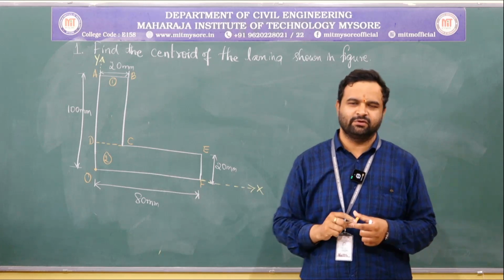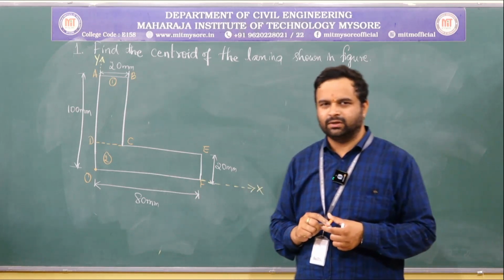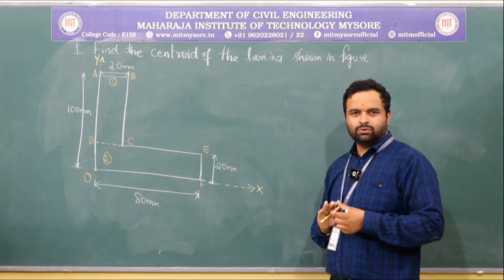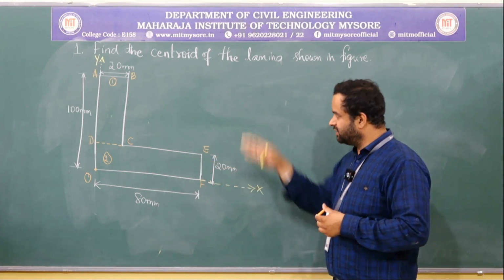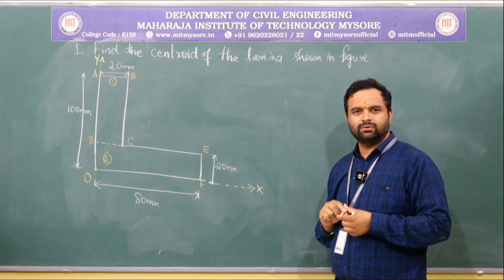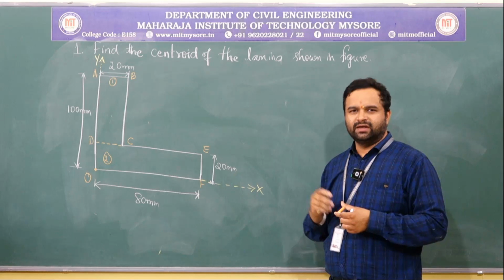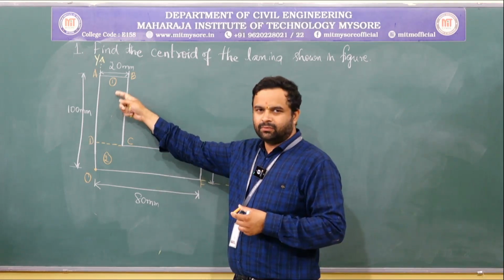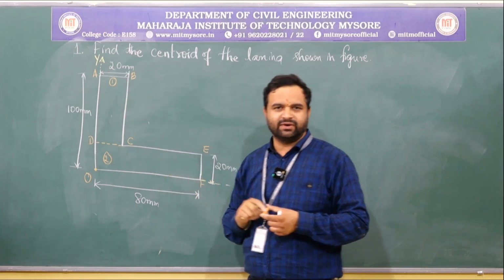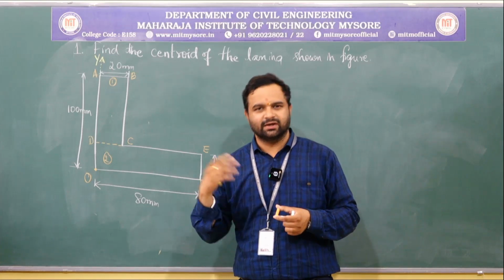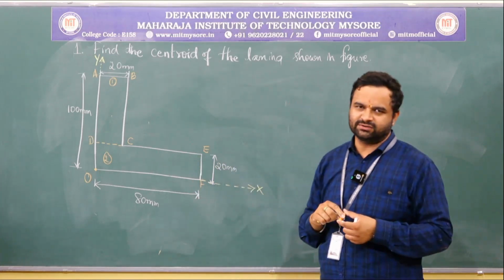Please follow this, it will be much easier. After dividing this into two different components and writing the referral axis, next we need to calculate the areas of the two different components. Here we have divided this into two different rectangles. Now we shall determine its areas and corresponding centroidal values.